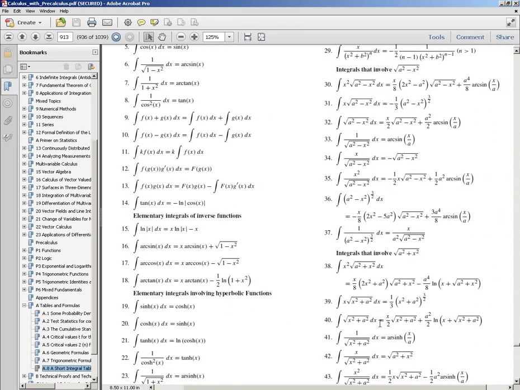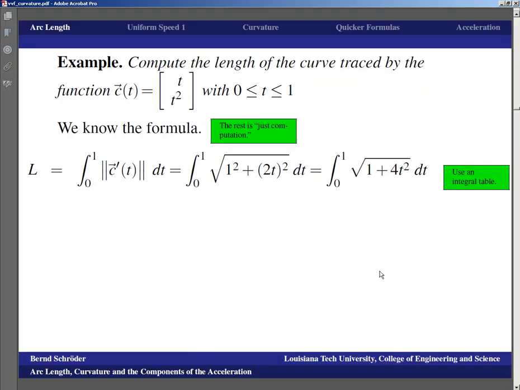So here's the formula. As soon as the x squared is by itself, we get x over 2 square root of x squared plus a squared, plus a squared over 2 ln of x plus square root of x squared plus a squared. So you can see that isn't really something that people would fall out of bed and just know that that is the formula. But either way, we have our 4 in the wrong place.